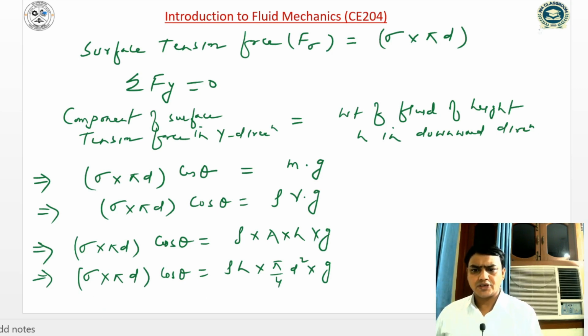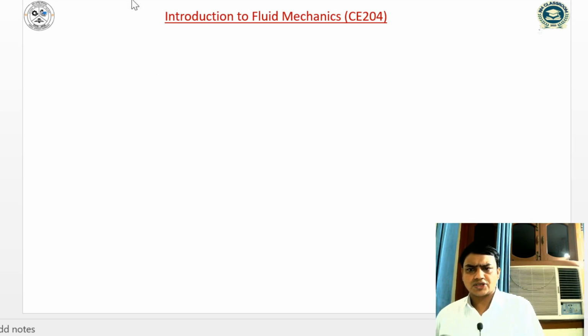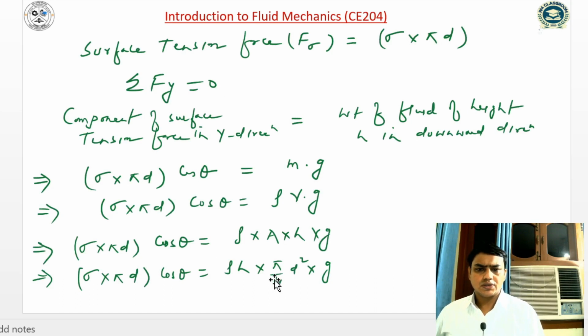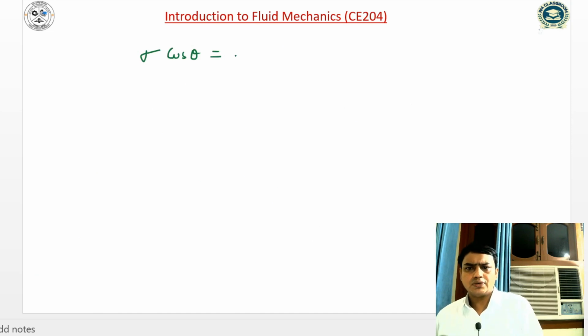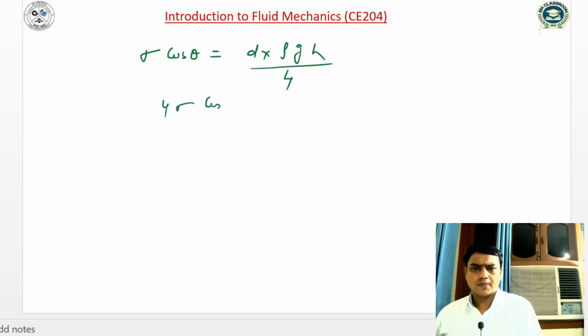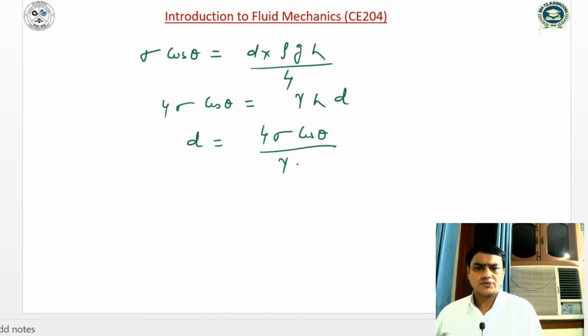So we can write sigma cos theta is equal to d into rho g h divided by 4. So 4 sigma cos theta is equal to, rho g can be written as gamma, into h into d.